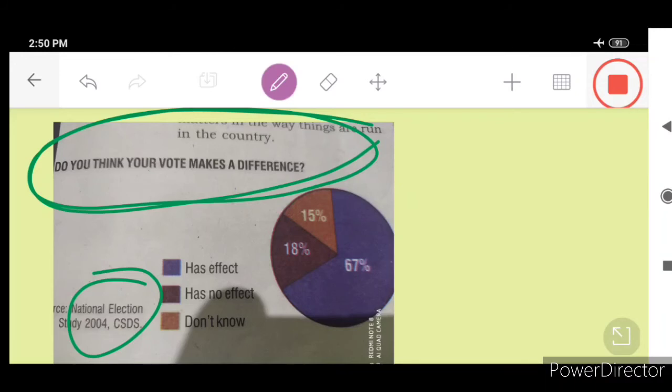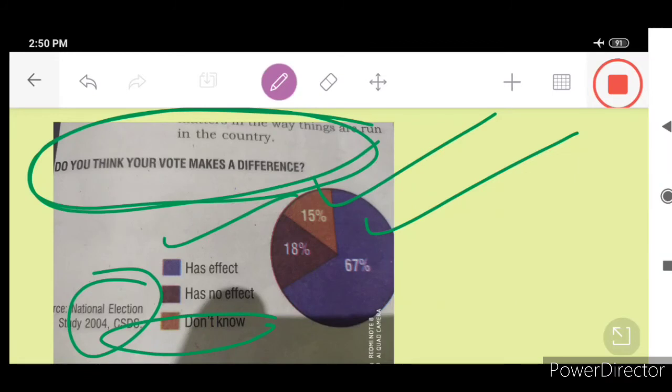So you have here the view that 67% of the people believe that it has an effect, that the people who cast their votes do have an effect. And there is one ratio that says don't know: 15% of the people don't know whether it has any impact or not.